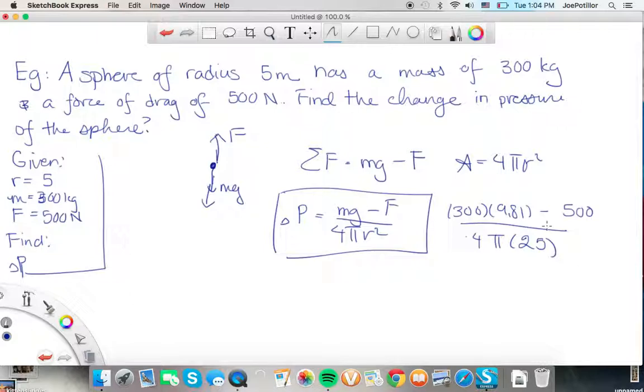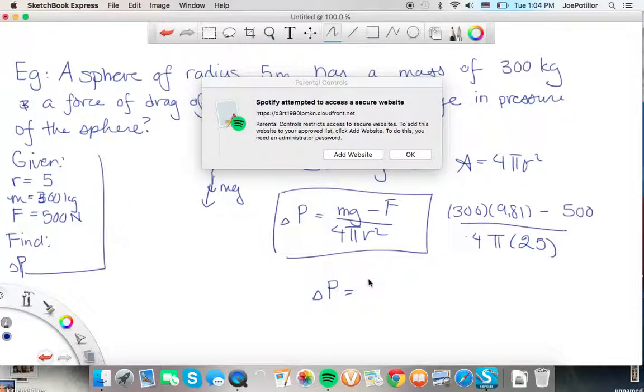We'll get 7.78. So our change in pressure is very small, 7.78. The units for this are pascals.